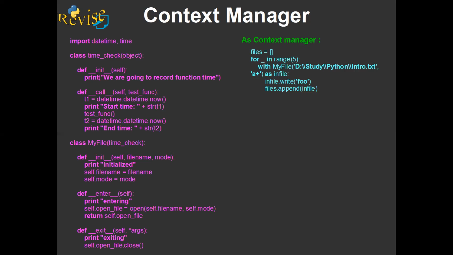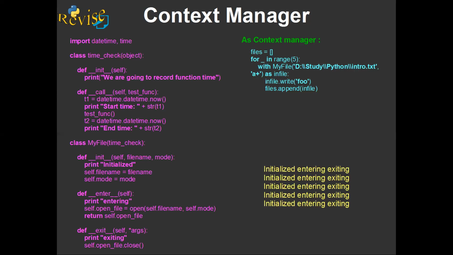When you pass it, the initialization works, MyFile gets initialized and entered. It opens the file and writes, then exits once you come out. It does this 5 times because we are in range 5. This way it works as a context manager.